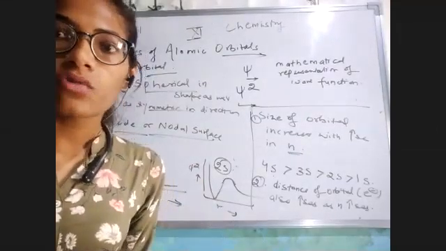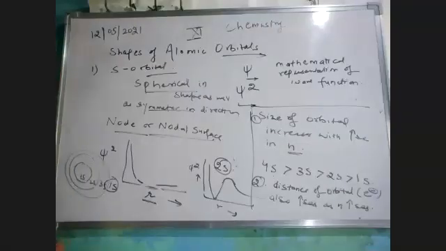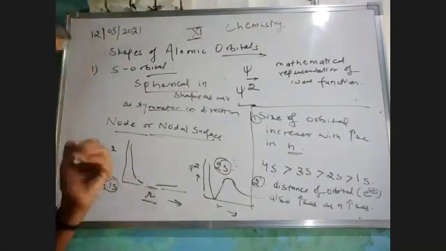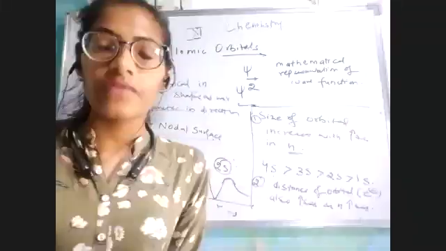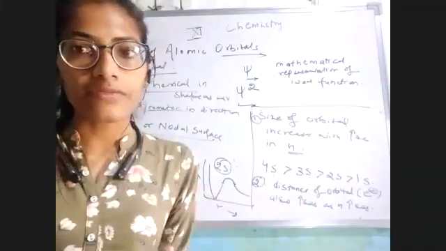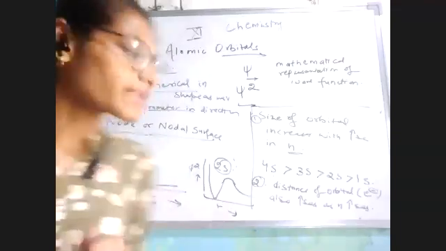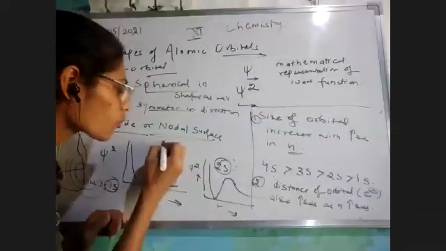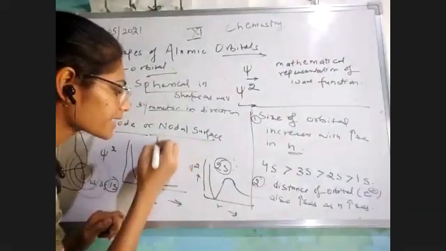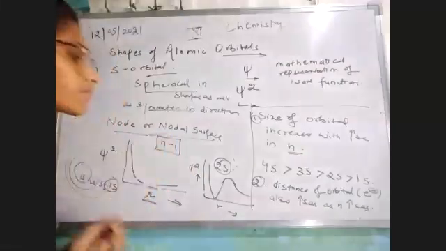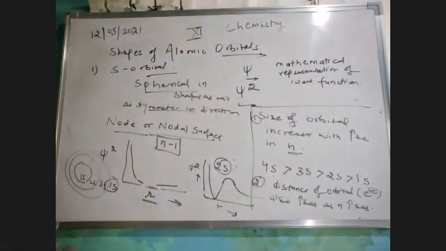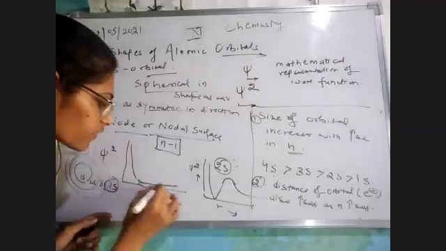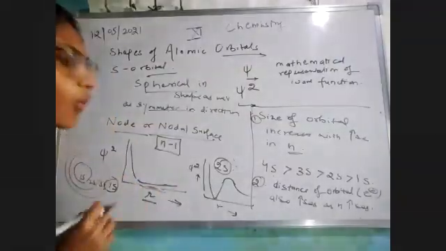Let's move to our next topic. I have given you an idea about node or nodal surface. Now, how can we calculate the value for node or nodal surface? We can simply say it node also. The value of node is always equal to n minus 1. So if I'm talking about 1s, there is no node over there.